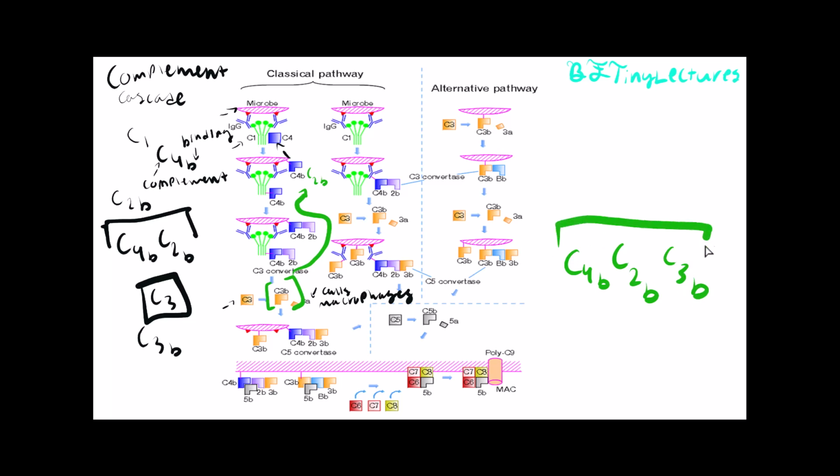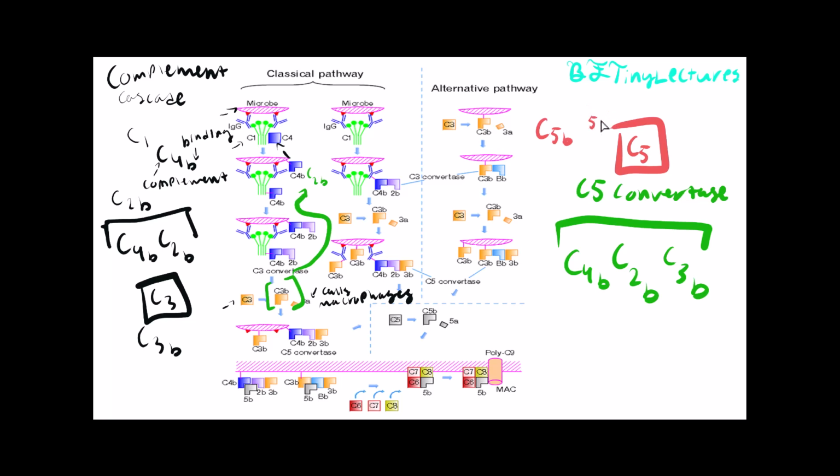And we call this guy the C5 convertase. And let's give it another shape. Let's make it a square and C5. What if we split the C5 convertase into two portions? What if we have C5b, C5 binding, and then we have C5a?